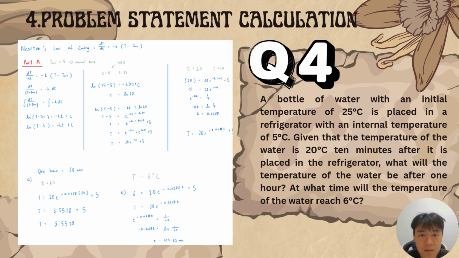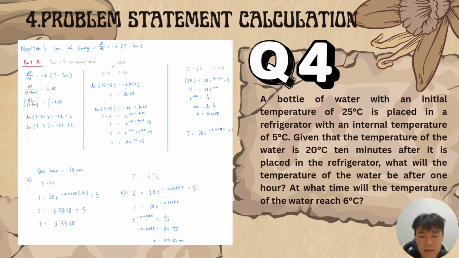So we just sub the hints that were given: temperature equal to 20 and time equal to 10, which is 10 minutes. So we sub inside T equal to 20e^(-kt) + 5. We can get k equal to 0.0288. After that, we sub the k into the second equation also.